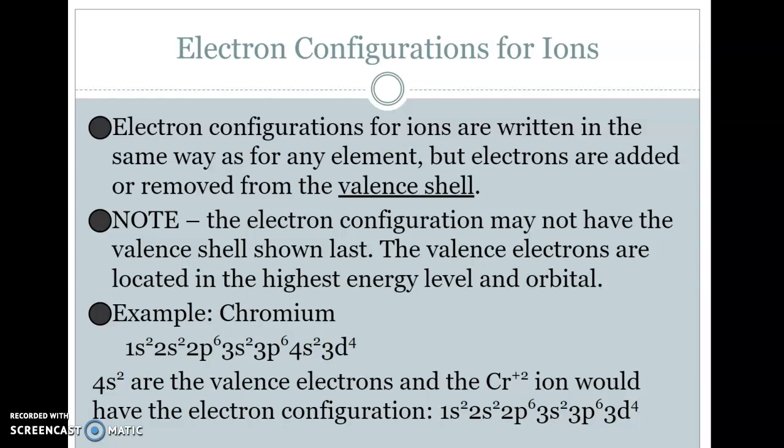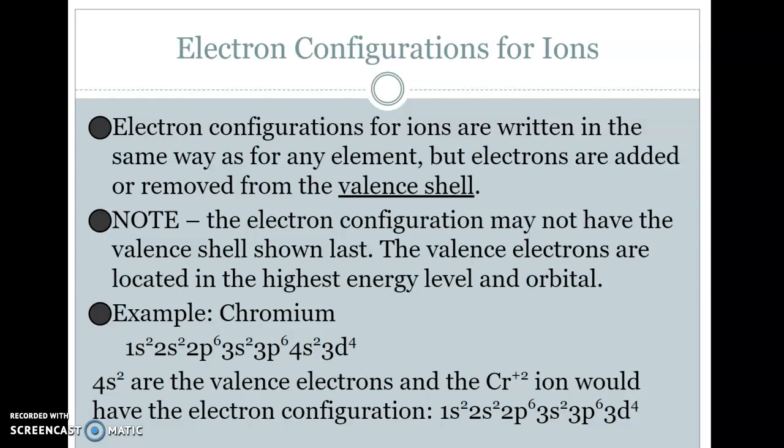When many students first try to do this, they try to remove the electrons that are listed last. So if chromium were to form a positive 2 ion, that would mean that it would have 2 fewer electrons than normal. So many students would just say at the very end 3d2 instead of 3d4.